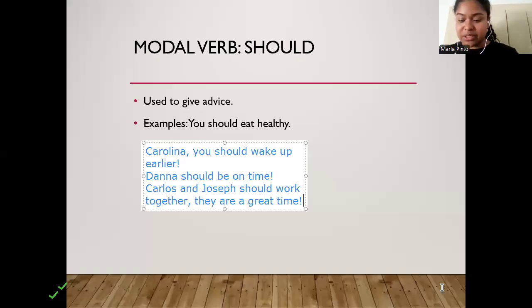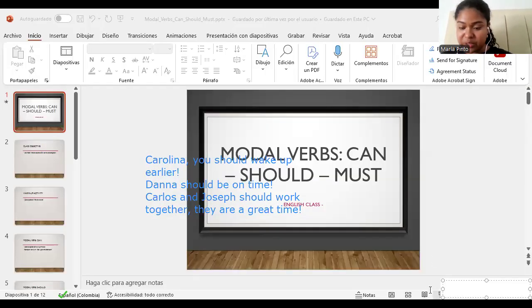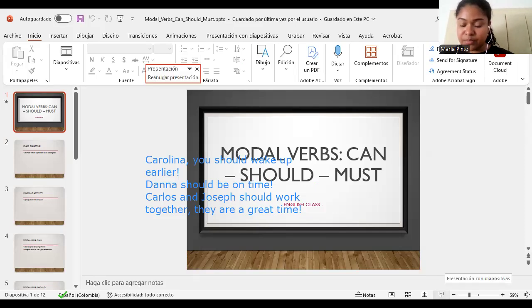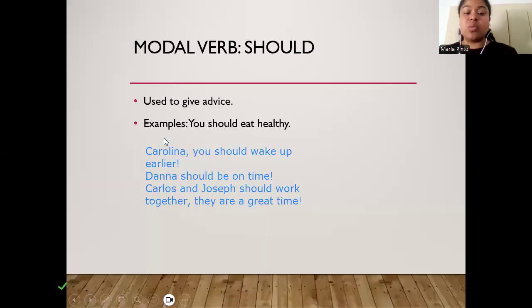Okay, people, let's continue with this pen here. So we were talking in this context about "should," used to give advice.